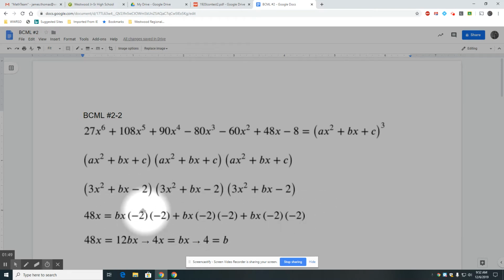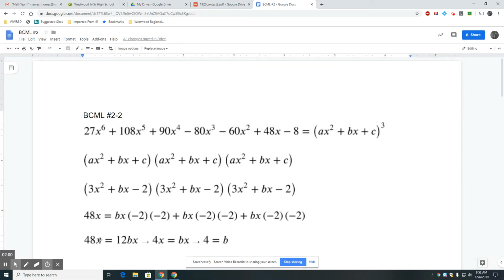And if I add all these up, there's going to be 4bx, 4bx, 4bx, which is 12bx. It's easy enough to solve from there to say that if 48x equals 12bx, then 4x has to equal bx, and b has to equal 4. And that will be our factoring. It's going to be 3x squared plus 4x minus 2 to the 3rd will be the factoring on that one.